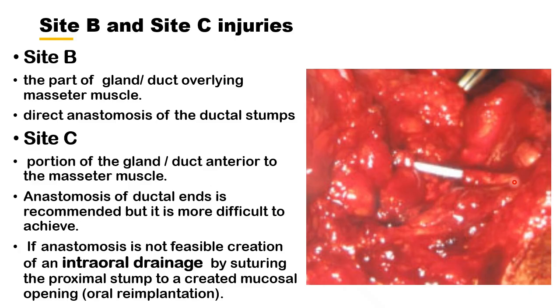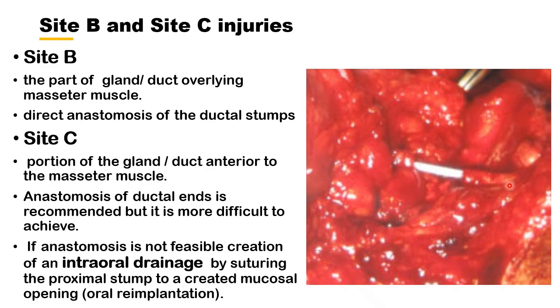On site C, injuries of the parotid duct after the anterior edge of the masseter over the buccal pad of fat before it pierces the buccinator muscle, you can try the same. If it's a partial injury, you can try re-anastomosis over a catheter, or you can try re-anastomosis of the two ends if you can bring them close together without tension.